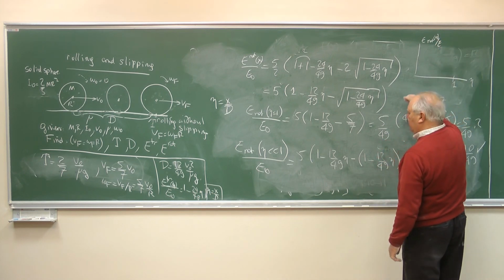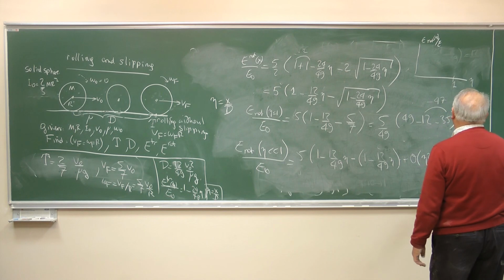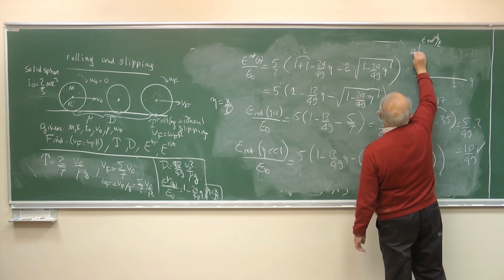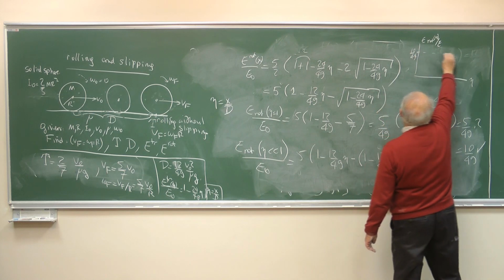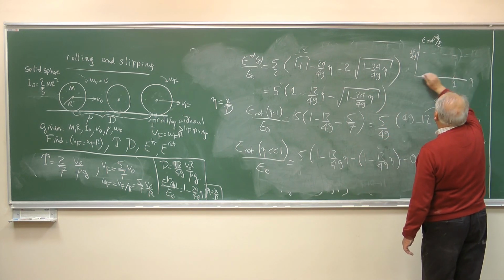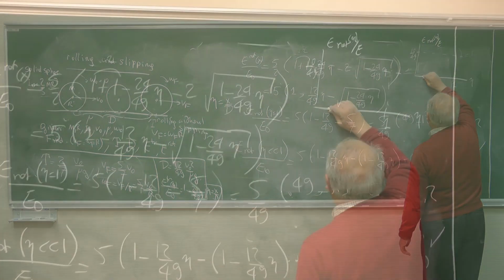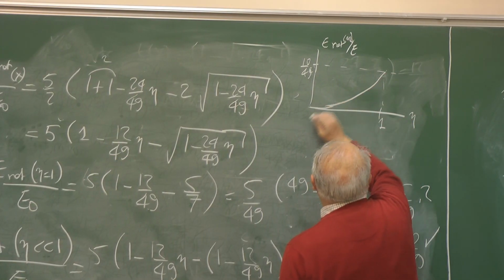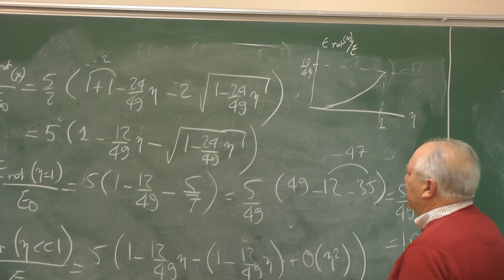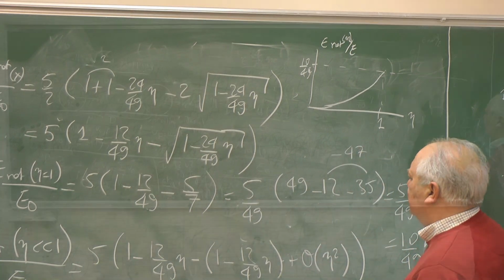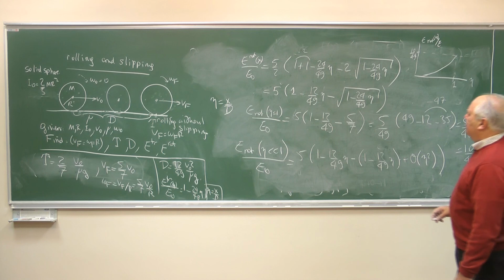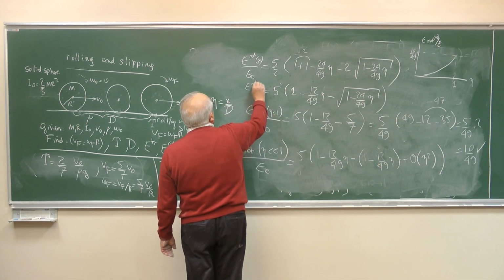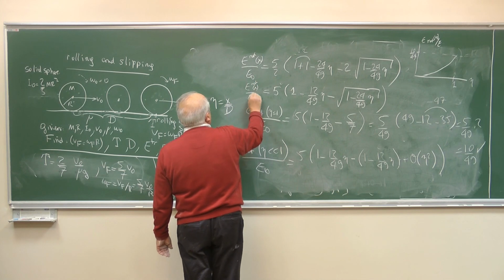So at most it will go to 10 over 49. So let's say this is 10 over 49. So it is coming up slowly and then picking up speed. All right, so that's it. E rotational x divided by E0.